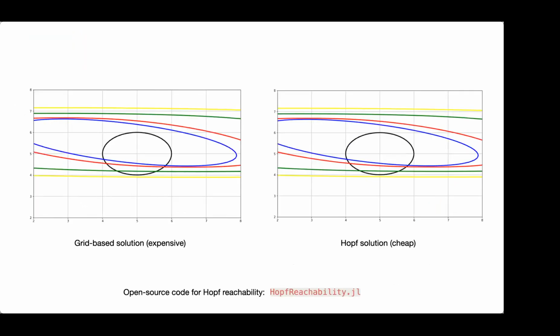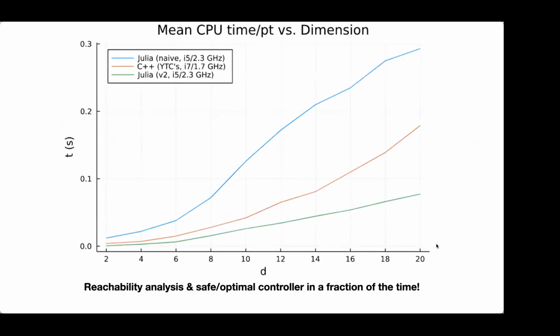So the first thing that Will did is recreate this in an open source code base using Julia. Here on the left are reachable sets shown for a system using this grid-based solution. And here's the ones that come out of his Julia code. So you see they're very, very similar. I have his plot, which is for first his initial Julia implementation, the original C++ code that he got from the mathematicians, and then his more recent Julia implementation.